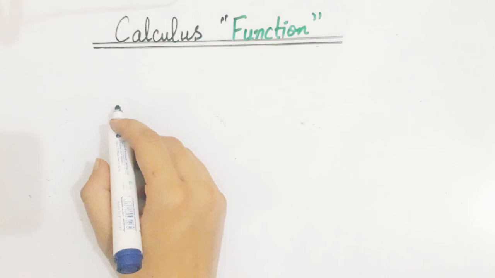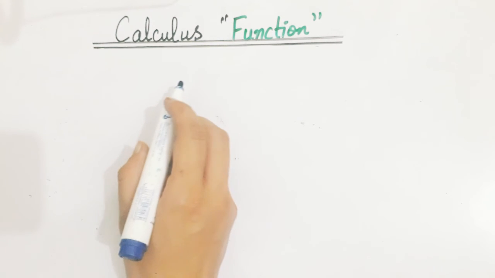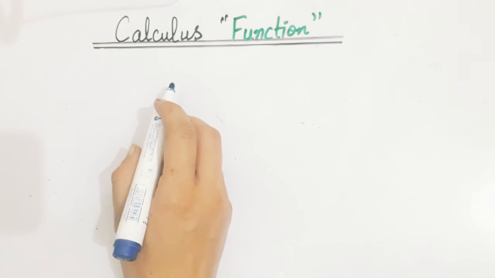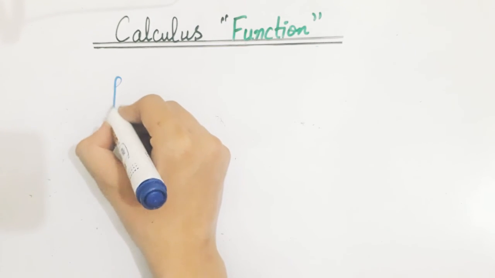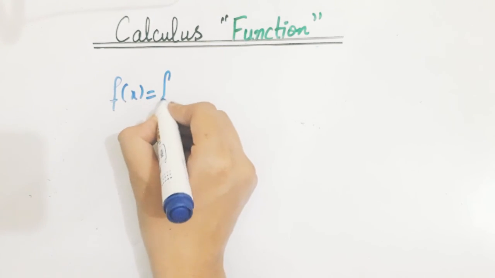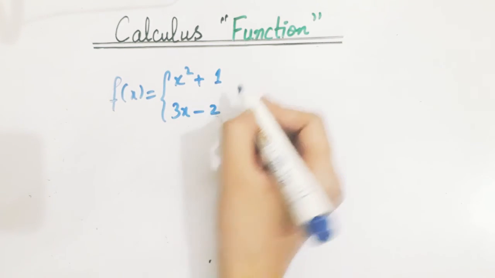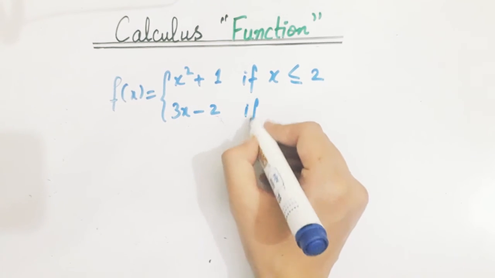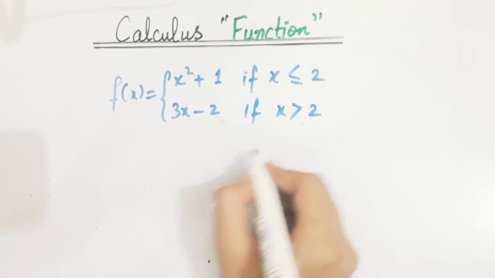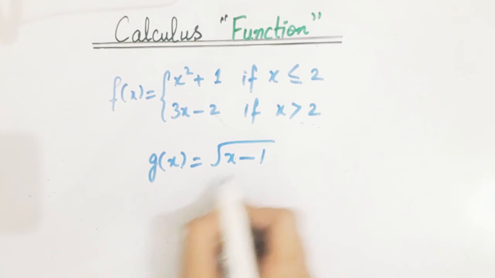So if you have learned something today, now it's time to prove it. Here is a special bonus challenge just for you, and it has everything we learned in one. The challenge is f of x equals x square plus 1, and 3x minus 2. The condition is if x is less than or equal to 2, and if x is greater than or equal to 2. And g of x equals square root of x minus 1.